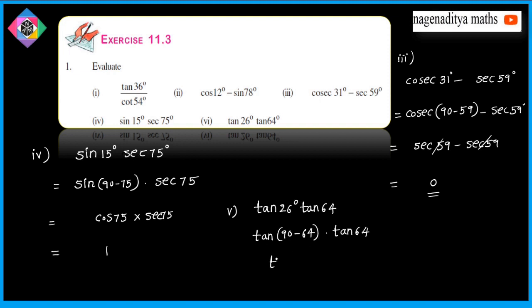So this is equal to cot of 64 into tan of 64, that is cot 64 multiplied by tan 64. So both cancel and this is equal to 1. Why? Cot 64 is the multiplicative inverse of tan 64. So that is why both cancel. So this becomes 1.